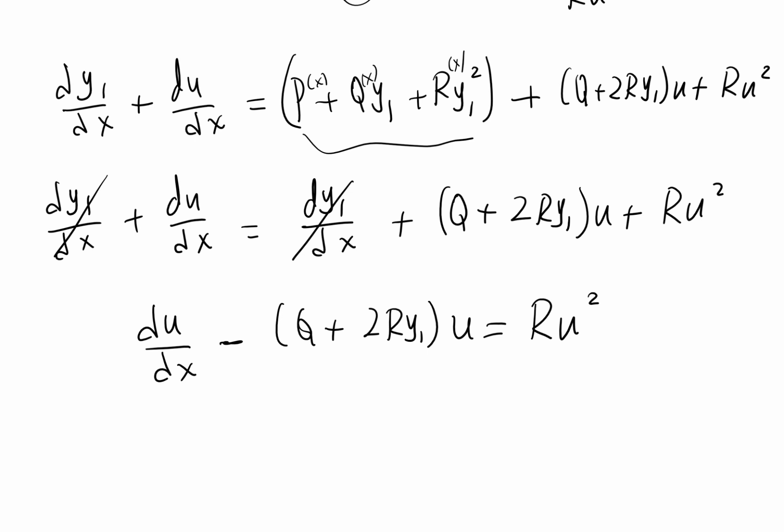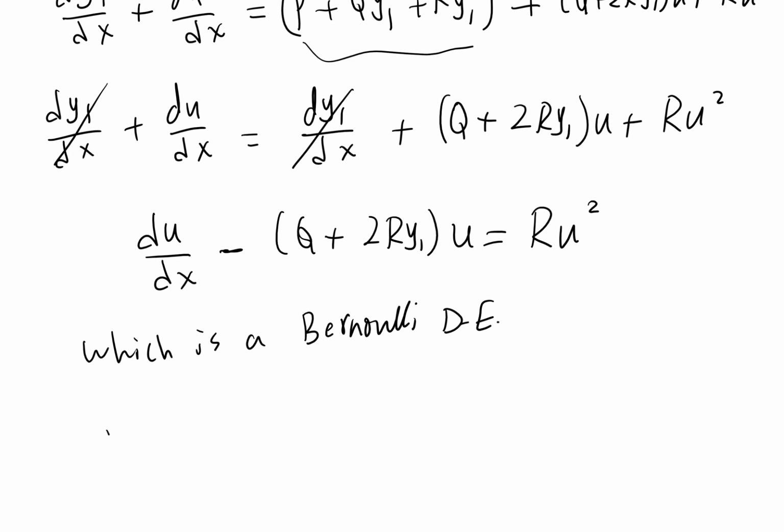Now, what kind of equation is this? This is a Bernoulli differential equation. So this trick was able to transform that kind of differential equation into Bernoulli. And then from there, you can use what we just learned in the first part of this section, how to solve Bernoulli differential equations. So the trick is you take w to be, instead of y to the 1 minus n, u to the 1 minus n. And notice what n is: n is 2.